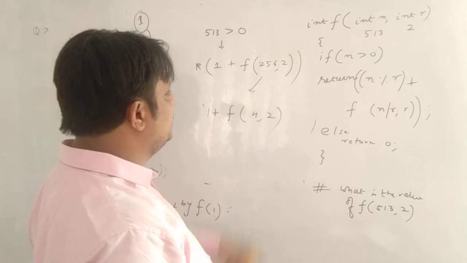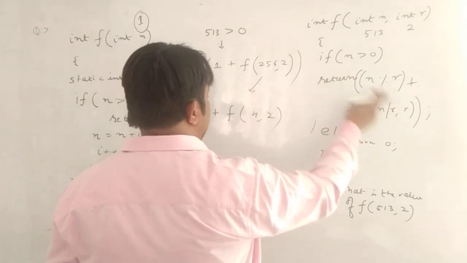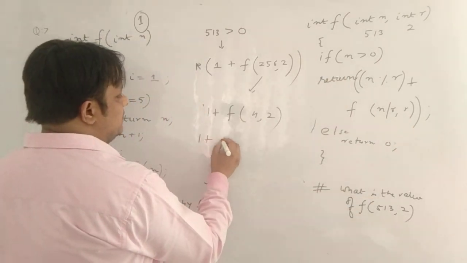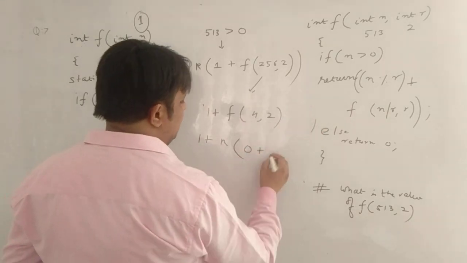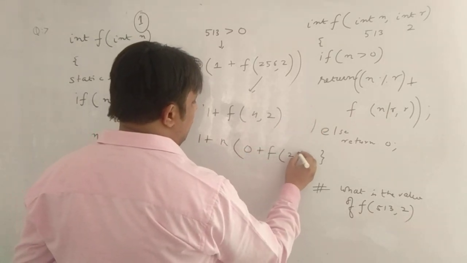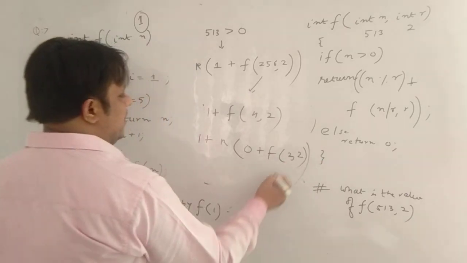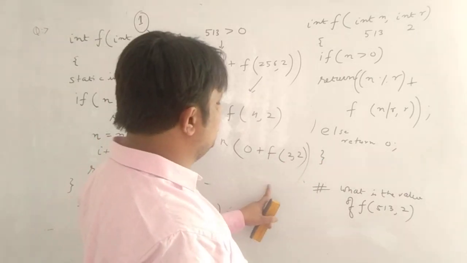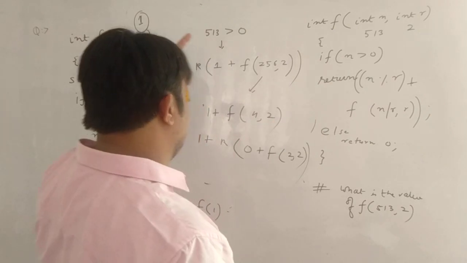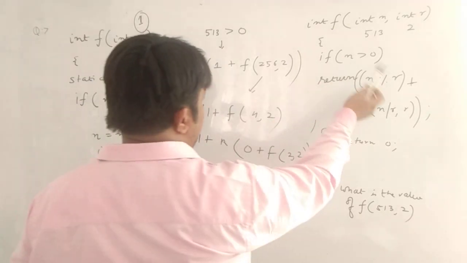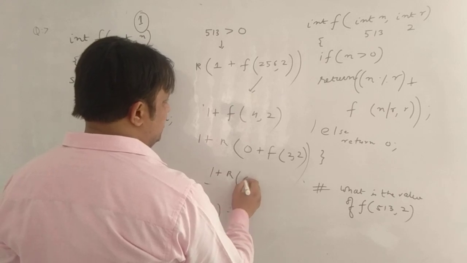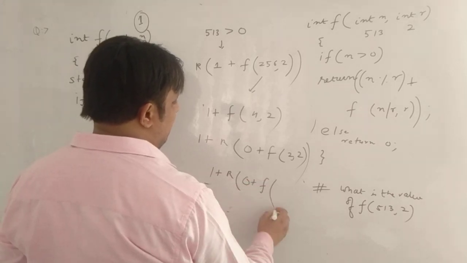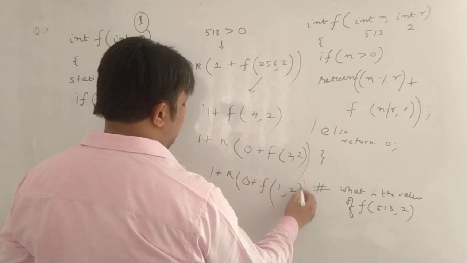Now when you call this function 4 comma 2, again 4 is greater than 0. So 1 plus return n modulus r, which is 0, plus function 2 comma 2, right? Now when you call this 2 comma 2 function, 2 is greater than 0, condition true. Again you come here, 1 plus return 0 plus f of 1 comma 2.